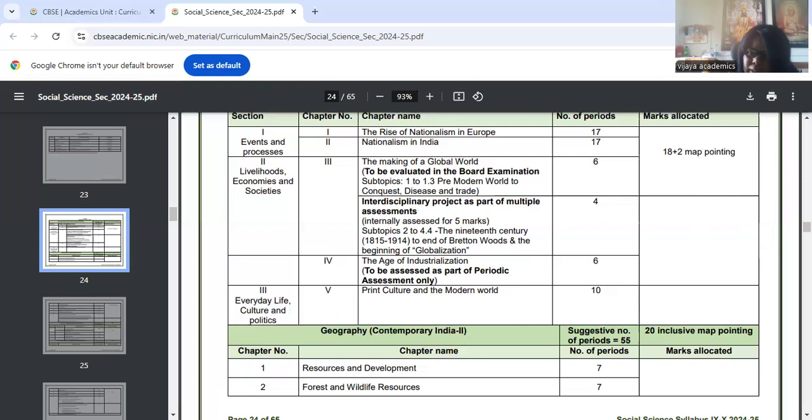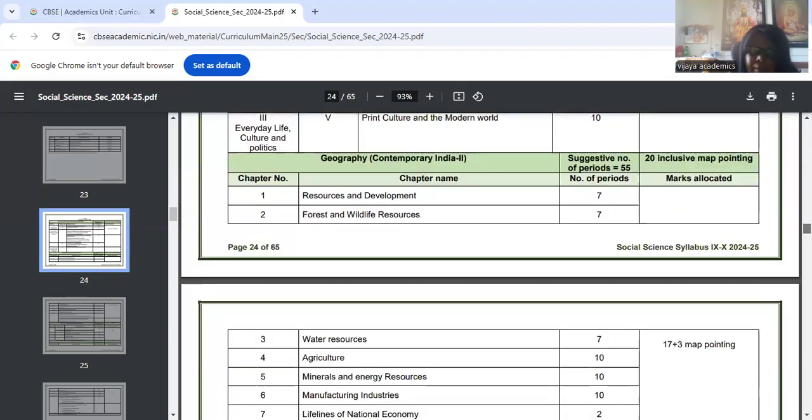Now let us see geography. In geography, the name of the book is Contemporary India Second. Chapter number 1 is Resources and Development.